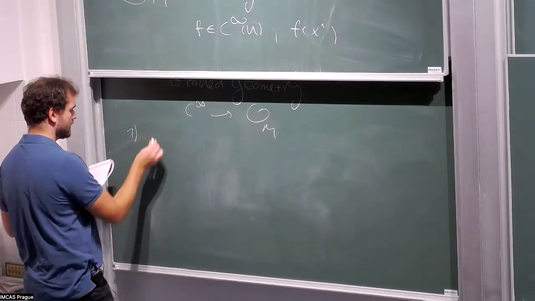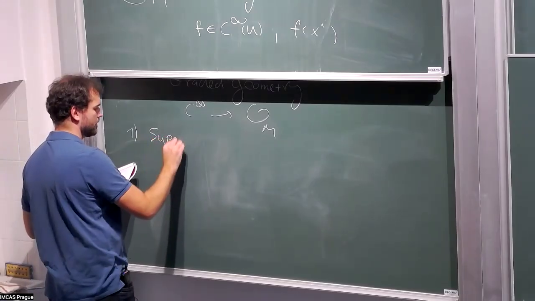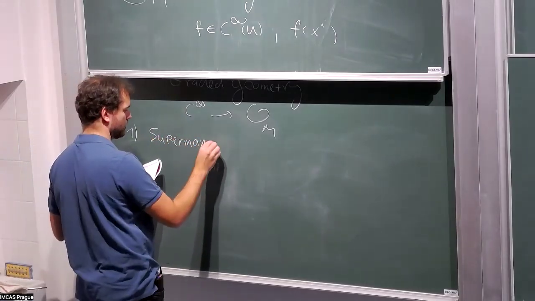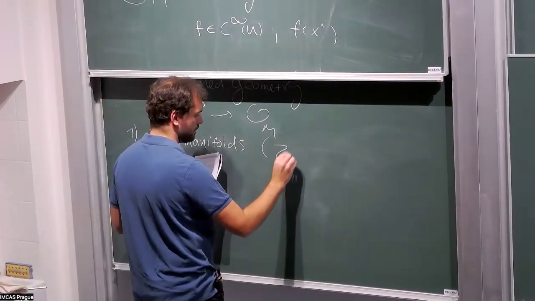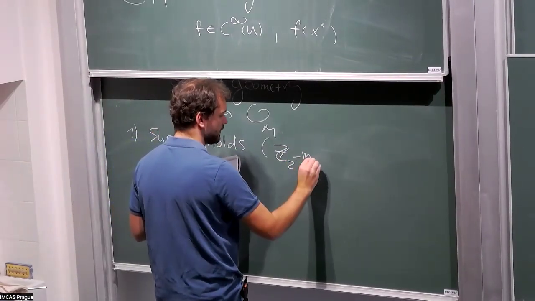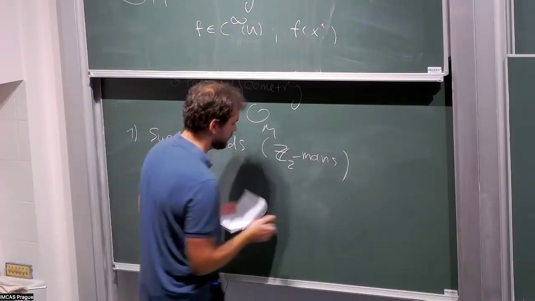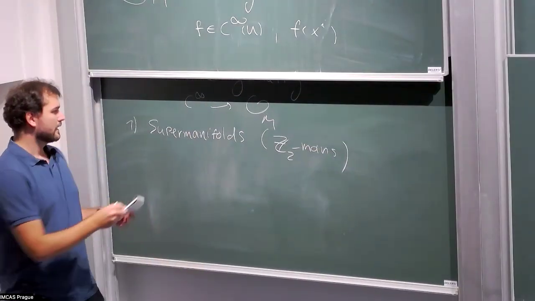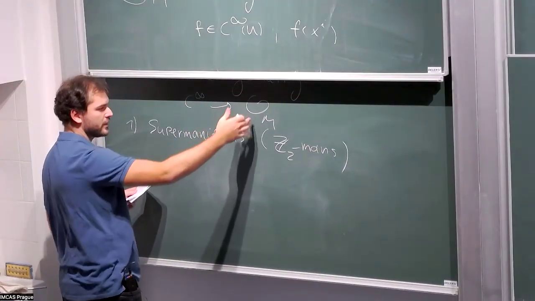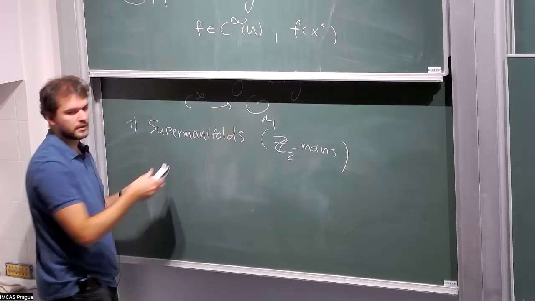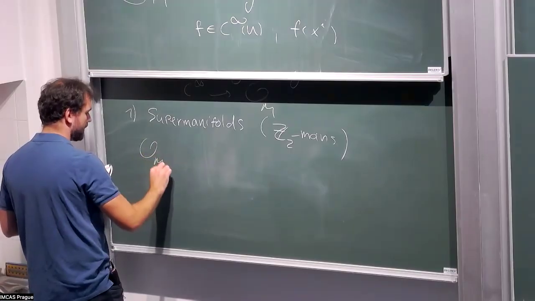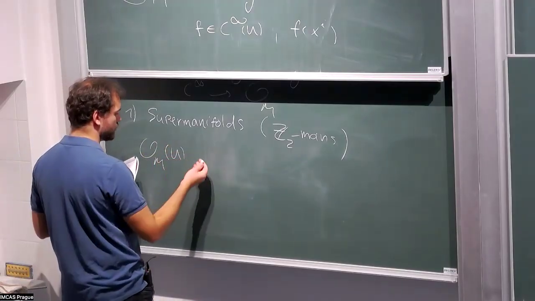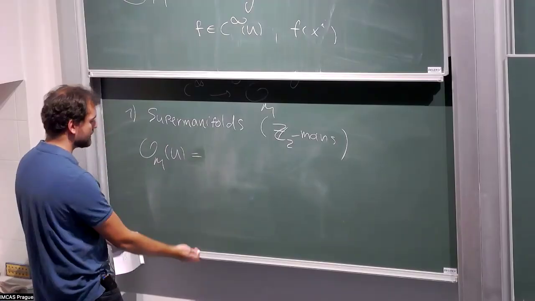So first, if we want to do supermanifolds, I'll call them Z2 manifolds also, then you want this object to be a Z2 graded algebra, a super algebra. So for every U, this is a super algebra. What does that mean?